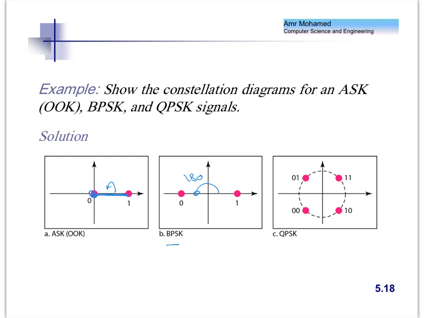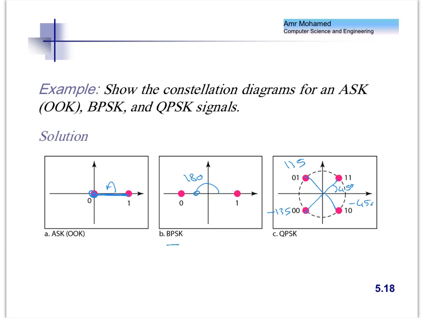Okay? The quadrature phase shift keying, the one that we have generated, started from 45 degrees, right? And then 135, and then minus 135, and then minus 45 degrees. So we have 4 different symbols.